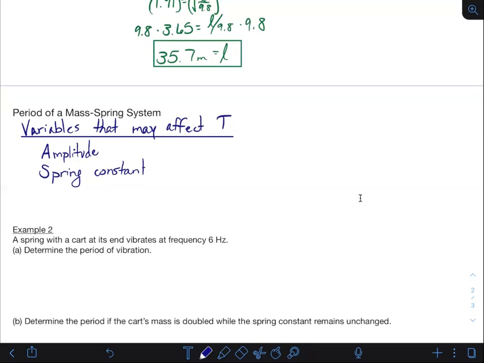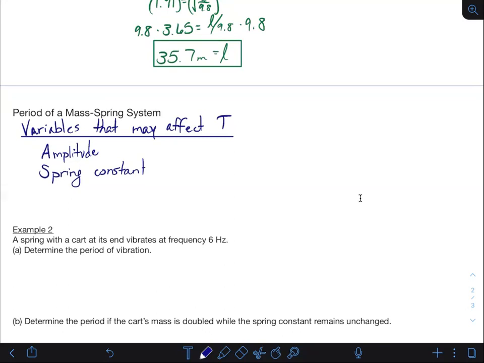But we would find that yes, our spring constant is going to affect our period, and yes, the mass that we have oscillating at the end of the spring will affect our period. Okay, so there are 2 things here that we have control over that can change up the period of a mass spring system.